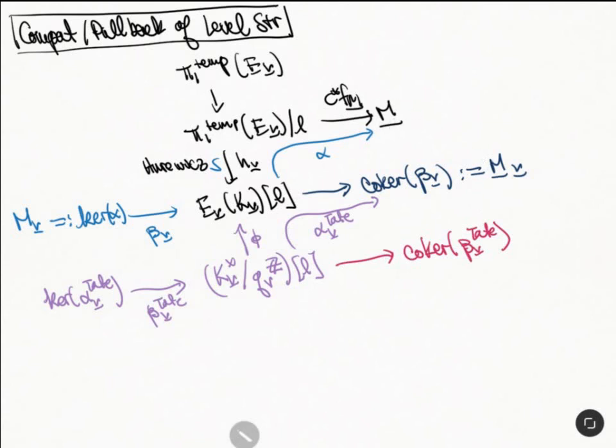Let's recall that here we have this description of this. This was generated by zeta L to the Z, Q to the Z. So these were these two generators that we picked, modulo Q to the Z. So this depends on choices of generators.